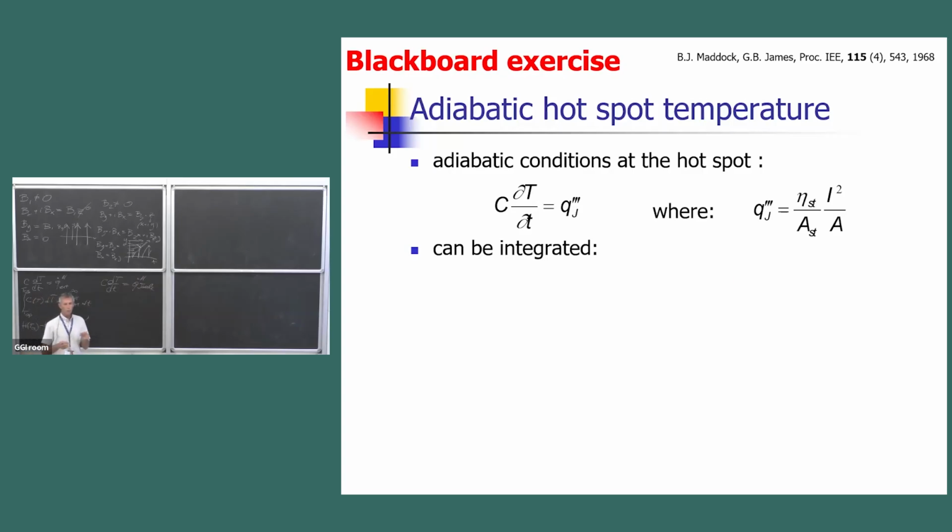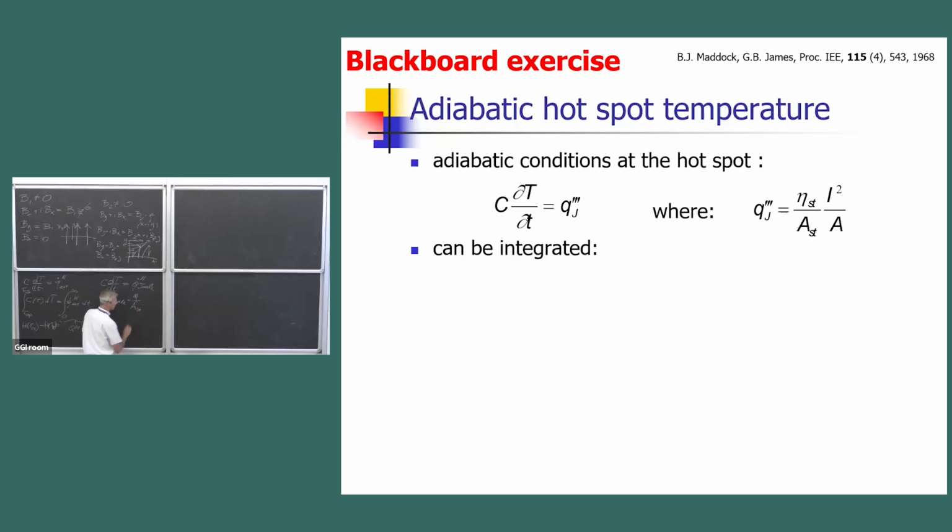Now the Joule heating per unit volume, so this is a per unit volume equation, is the resistance per unit length times the square of the current divided by the cross section. Okay, that's fairly easy. So I call eta the resistivity, just to not use rho for density. Eta is the resistivity divided by the cross section of the stabilizer.